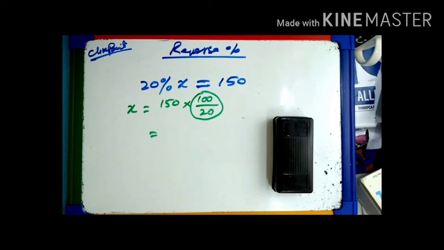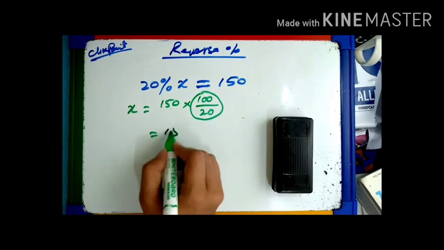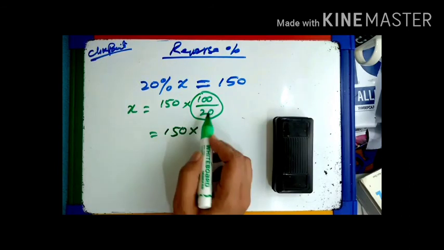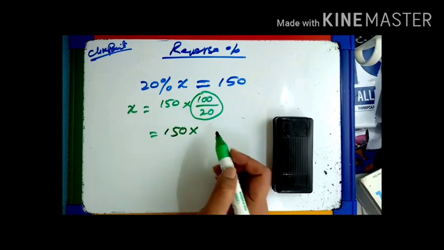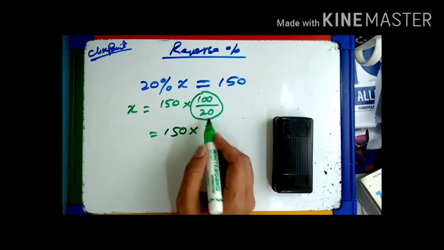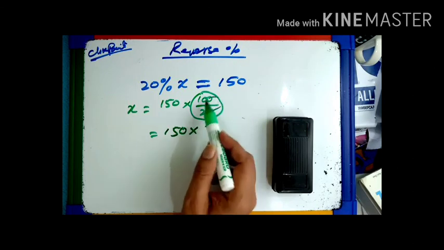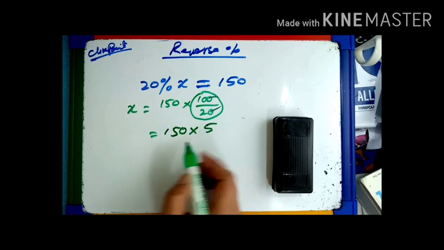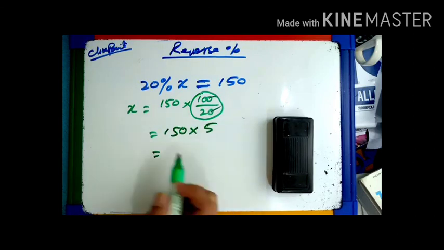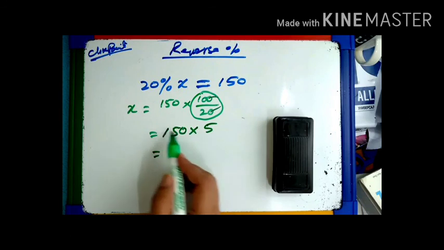If you divide these two, what will you get? 100 divided by 20 is 5.